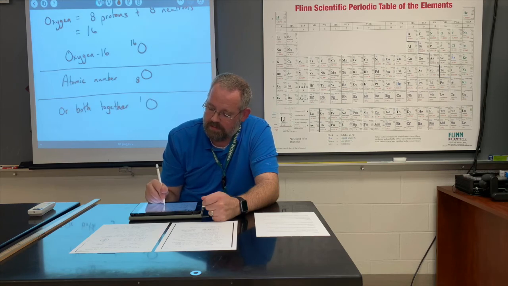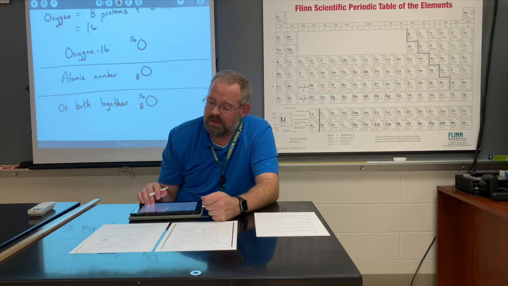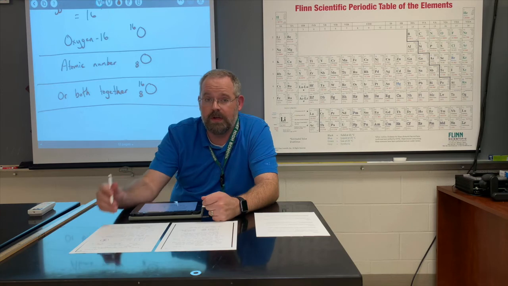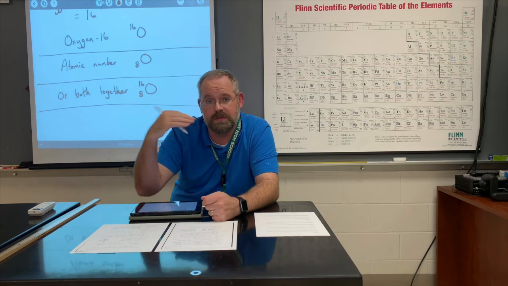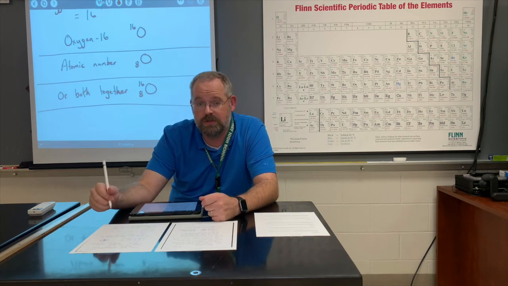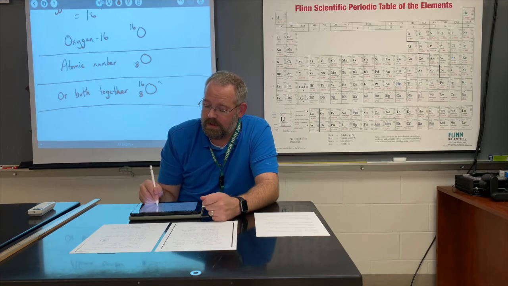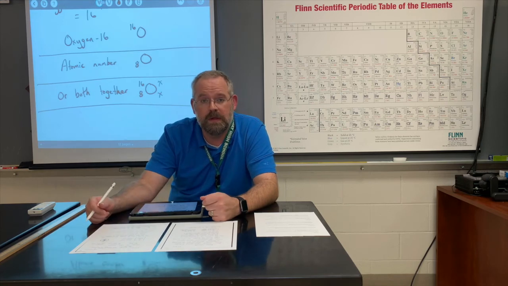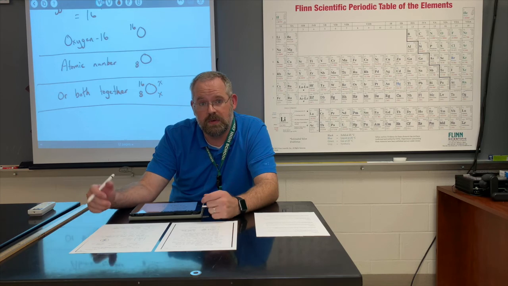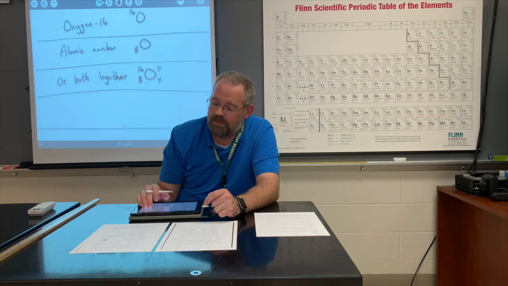So you can have the mass number and the atomic number both written at the same time. Do make sure you know the difference between those superscripts and subscripts on the left, because eventually we're going to write things that go in the top and bottom on the right side as well. So knowing all those locations is very, very important.